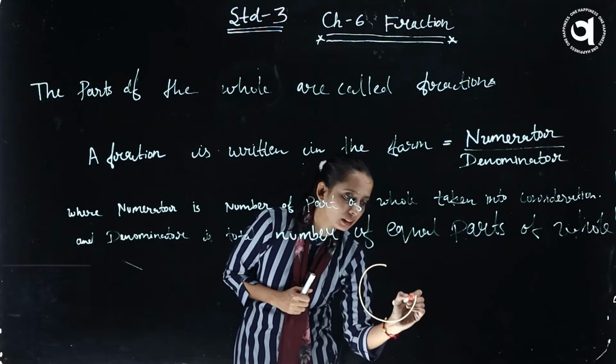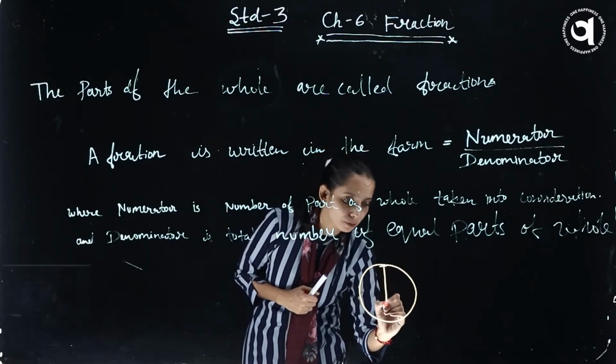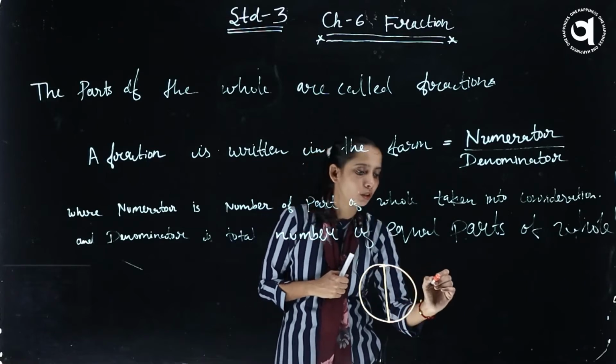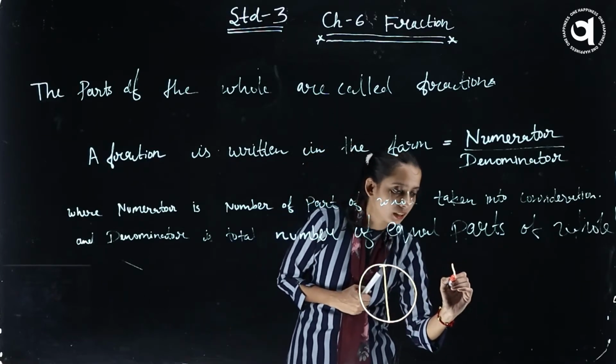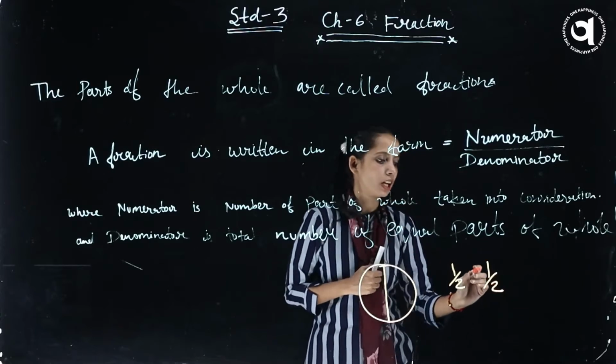Suppose this is a whole and I divide this from the center. So you can see here this is divided into two equal parts, 1/2 and 1/2.